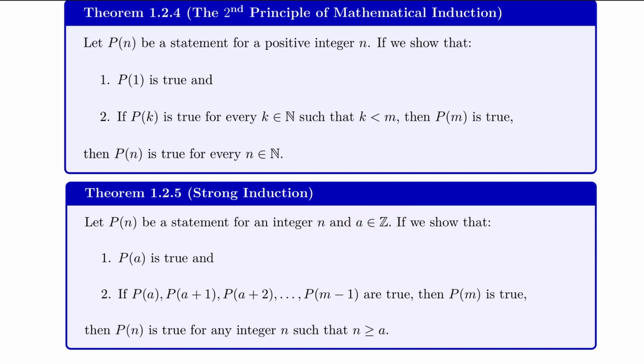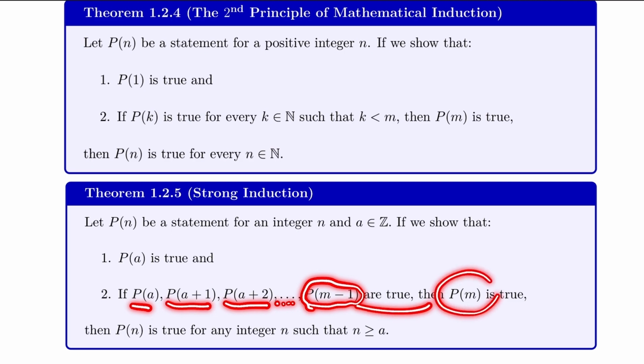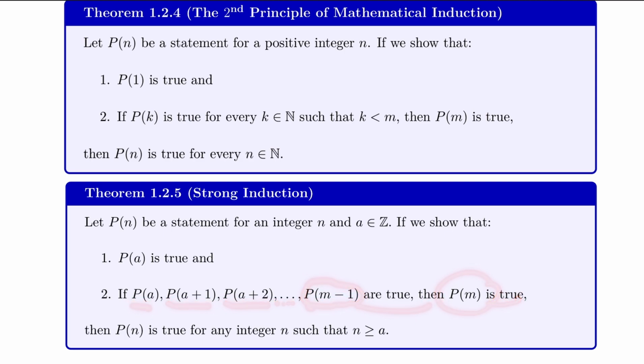If we can show that P(a) is true, and if you can show that if P(a+1), P(a+2), all the way to P(a+m) are true, then P(m) is true, then P(n) is going to be true for any integer n such that n is greater than or equal to a. Alright, so let's prove this theorem, strong induction.